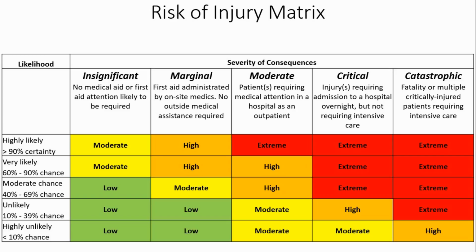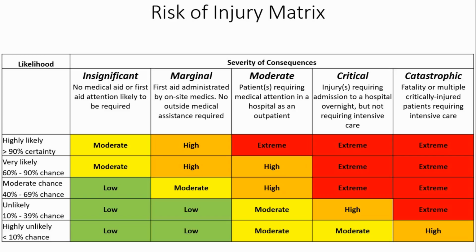Marginal would be you need first aid administered on site, but no outside medics required. Moderate would be needing at least one person going to a hospital as an outpatient. Critical would be requiring admission to a hospital overnight, but not requiring intensive care.